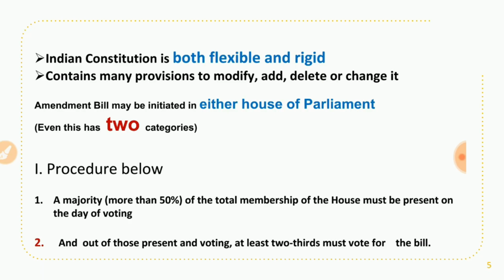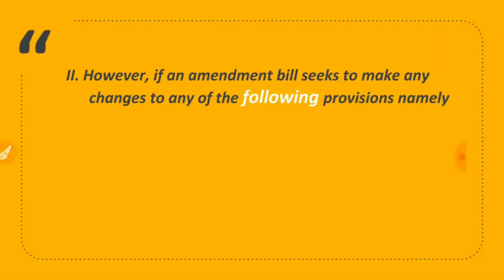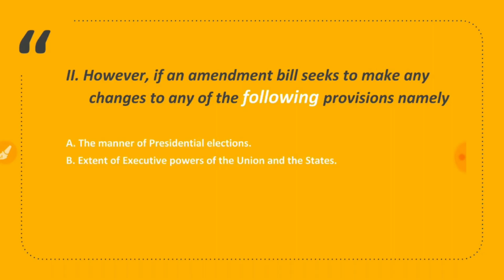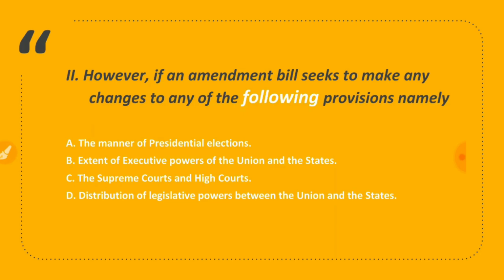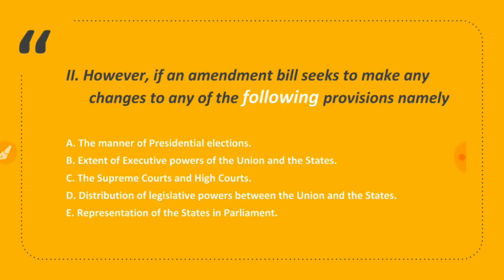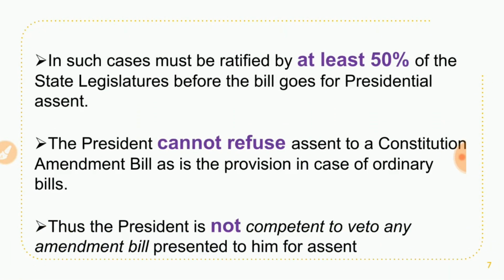But in some other categories, like changing the manner of presidential election, the executive powers of union and state, Supreme Court and High Court points, distribution of legislative power between union and the states, or representation of states in the parliament, we need a different type of amendment procedure.